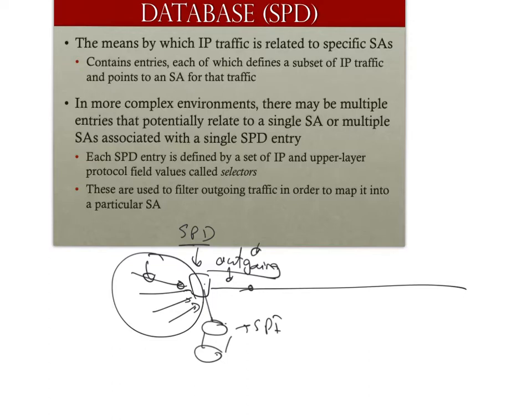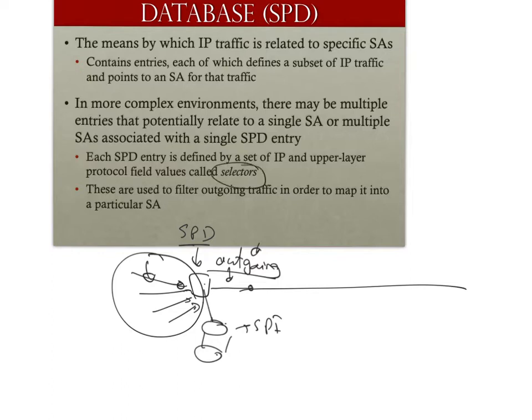So the rule is defined by criteria. These criteria could be the local IP address, the remote IP address, the port, the protocol, whether it's HTTP, TLS, TCP, whatever. So I have a bunch of what we call selectors.